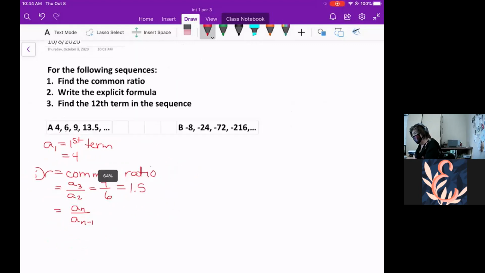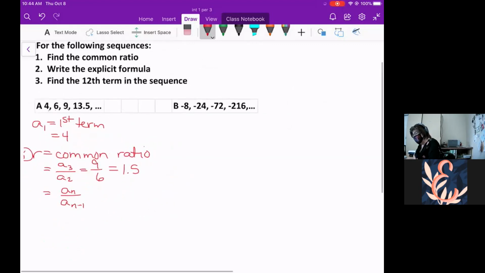The formula for a sequence is a sub n equals a sub 1 times r to the n minus 1. A sub 1 is 4.